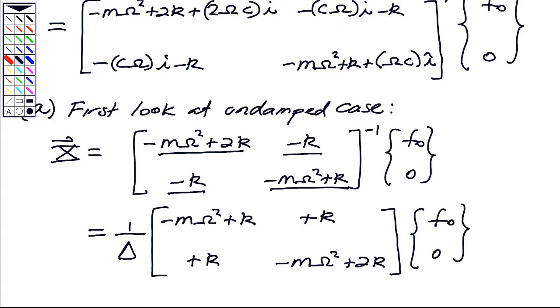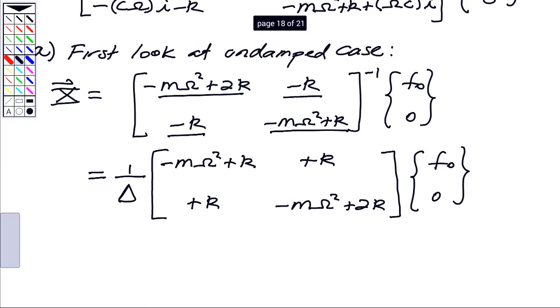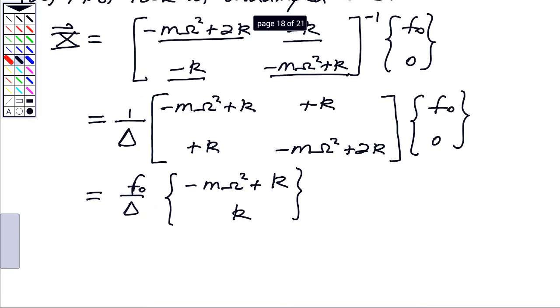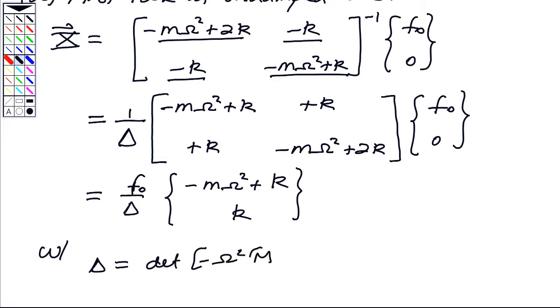So I need to multiply that through by that forcing vector F naught. Whenever I do that, what I end up with is, in the 1,1 position, minus m omega squared plus k, and k in the second slot, and there's going to be an F naught over delta, where, as I mentioned before, delta is the determinant of minus omega squared m plus k.